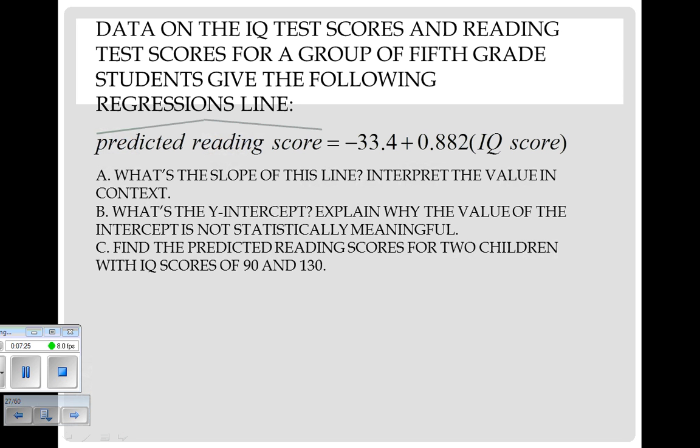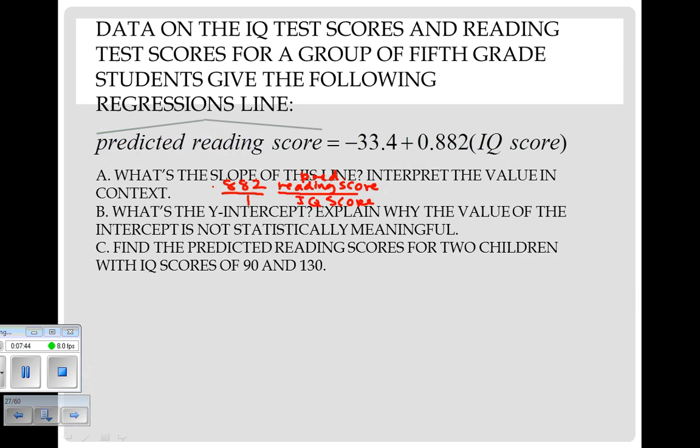So here I can see the slope is 0.882 over 1, and this is the predicted reading score, and this is the IQ.